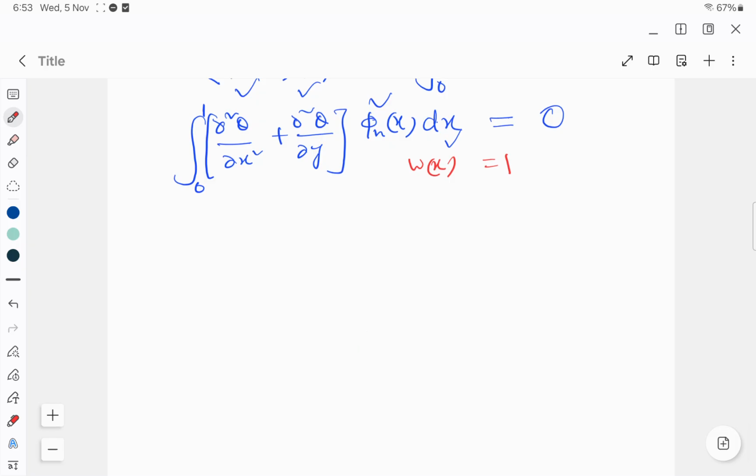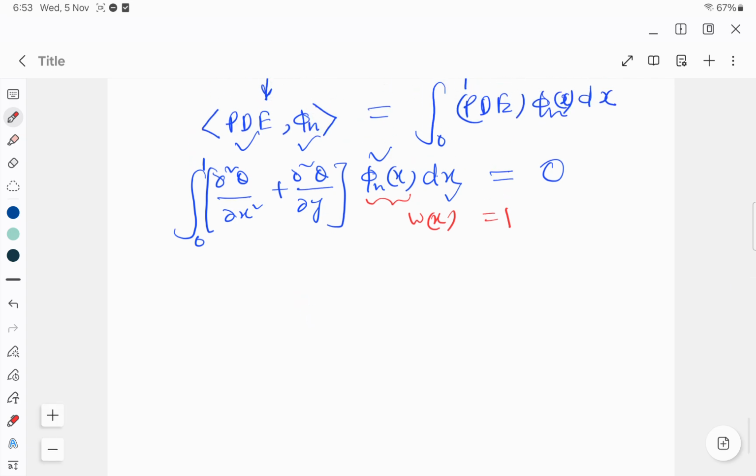Now since the basis function phi n x and the integration do not involve y, only x, the y derivative that you see right here, the derivative with respect to y, can be brought outside the integral.